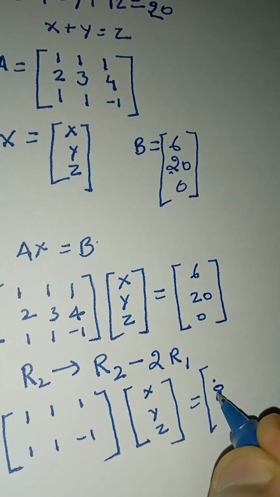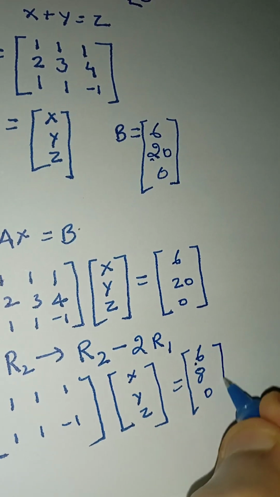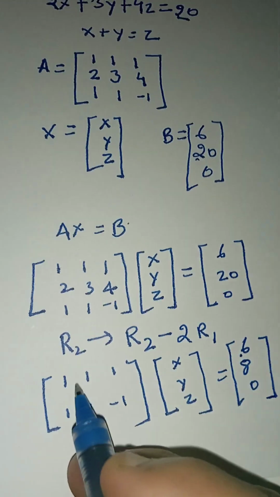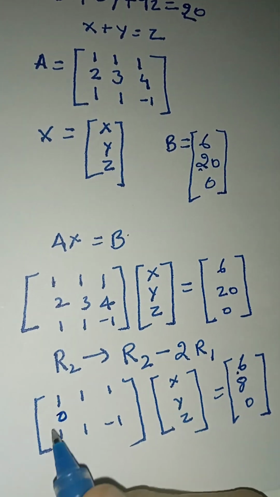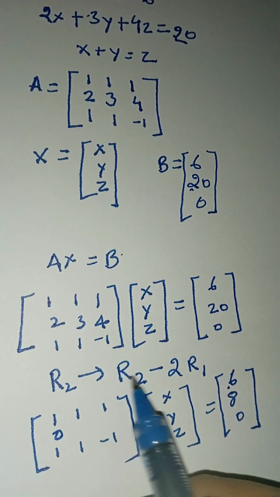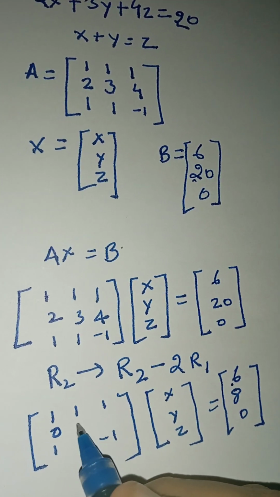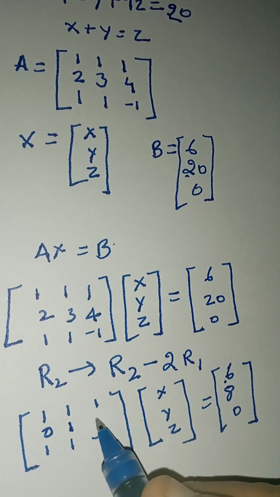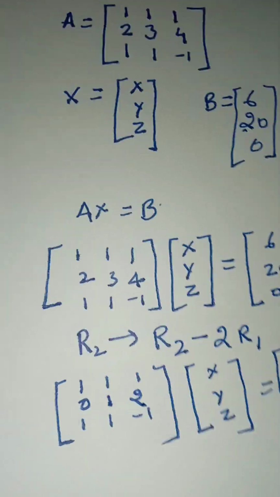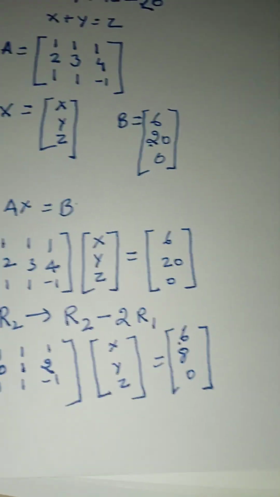So here in the second row it is 8, now this is 6 and this is 0. With R2 here, in the first we have 0, R2 minus twice of R1, 3 minus 2 is again 1, and 4 minus twice of 1, that is 2. So you can see we are left with this.